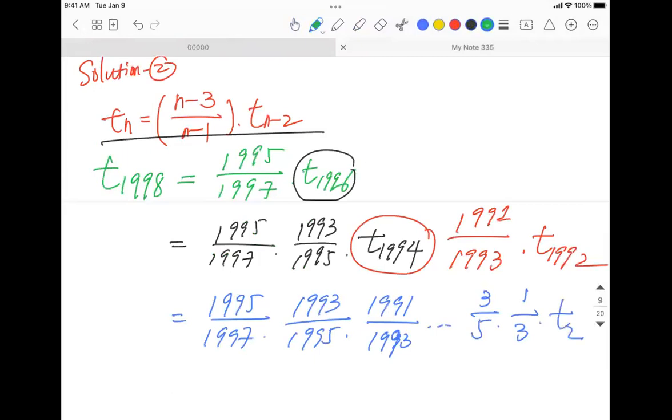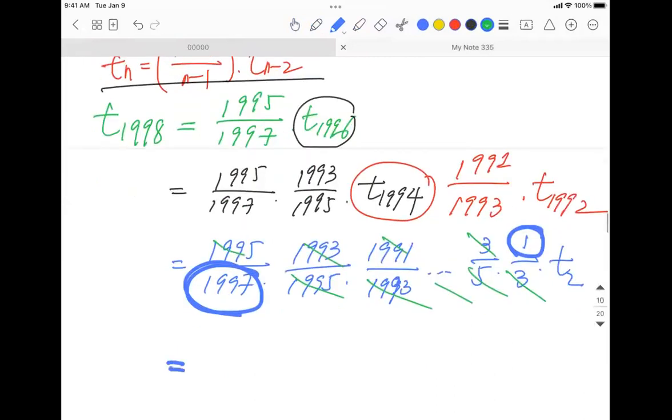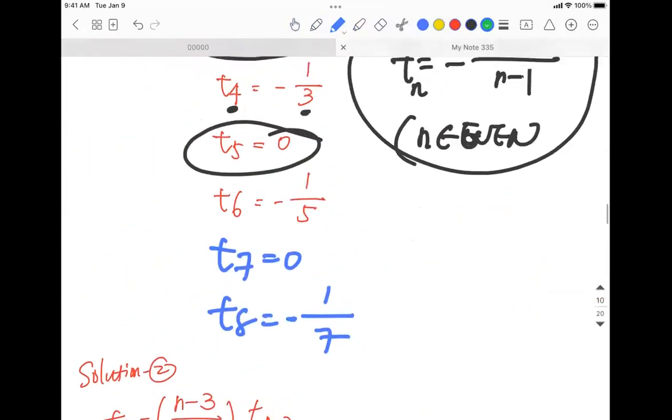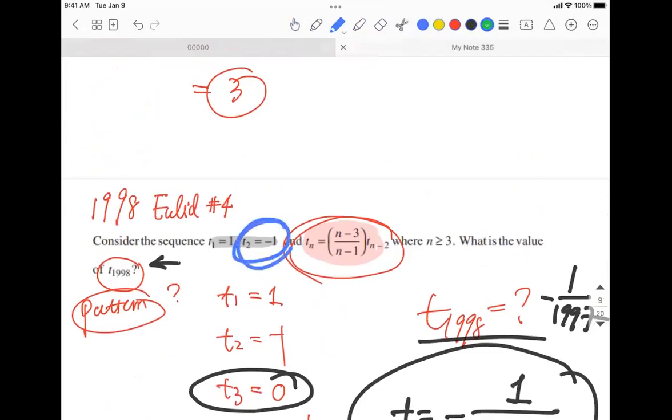And you can find that all those adjacent terms could be canceled, only remaining your first denominator and last numerator. So this is going to be minus 1 over 1997. Why? Because T2 equals minus 1.